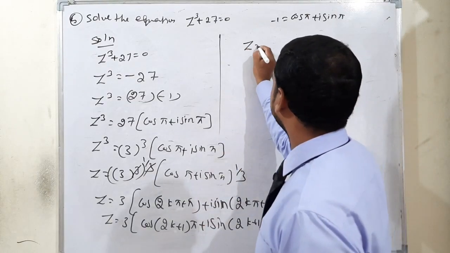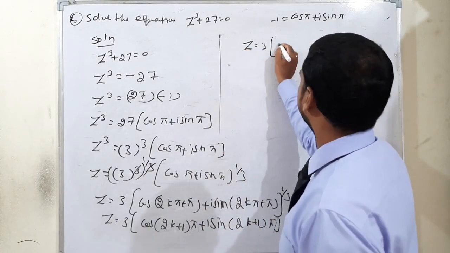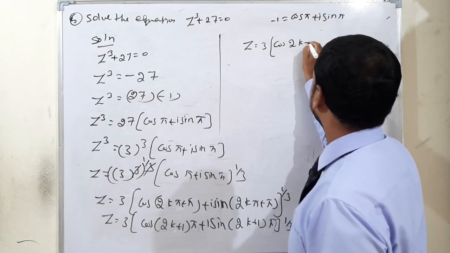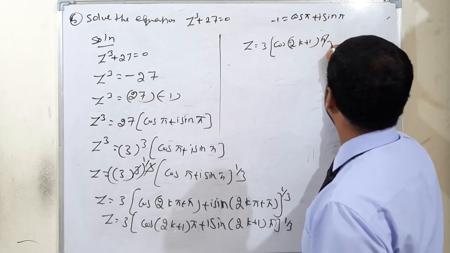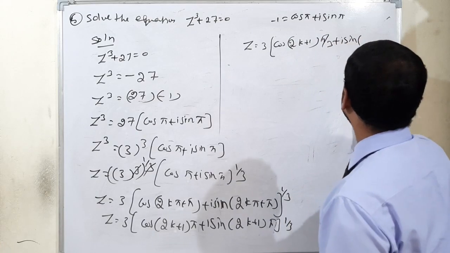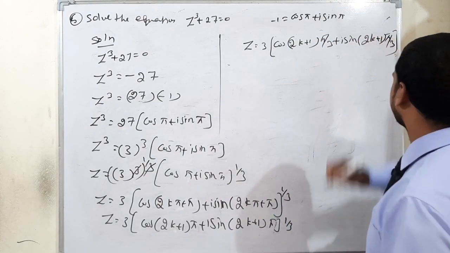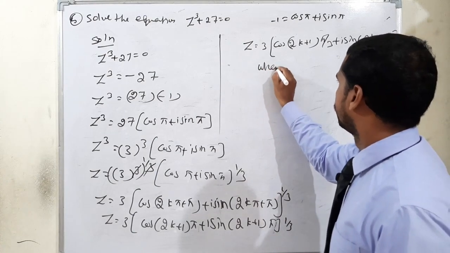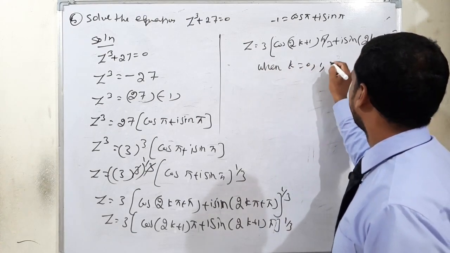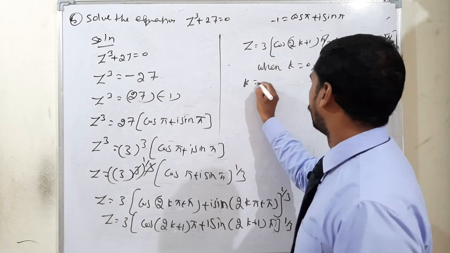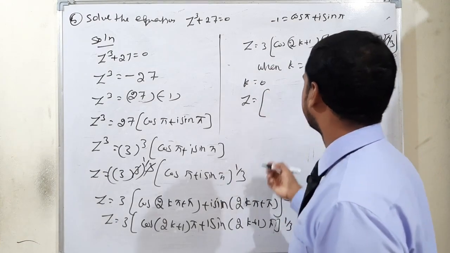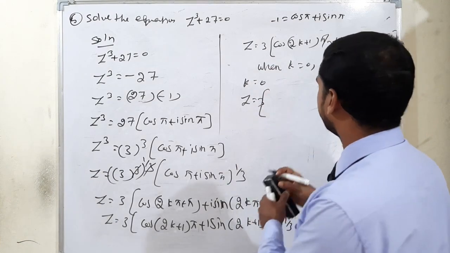So dividing by 3, z is equal to 3 into (cos of 2k plus 1 into pi by 3, plus i sin of 2k plus 1 into pi by 3). So when k is equal to 0, 1 and 2. First one, k is equal to 0, z is equal to 3 common outside, isn't it?